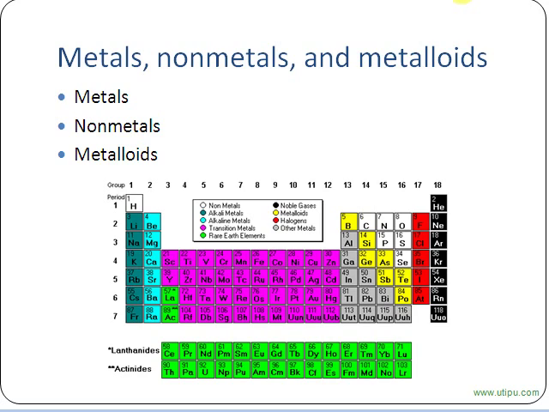Metals, for the most part, tend to sit on the left side of the periodic table. The dividing line between metals and nonmetals is sort of a stair-step line. You'll see it on certain periodic tables. It'll usually look a little bit like this. I'll draw it out like that. That really isn't very viewable at all. Let me see if I can get a better color on that. I'll use red. There we are. There's a stair-step line.